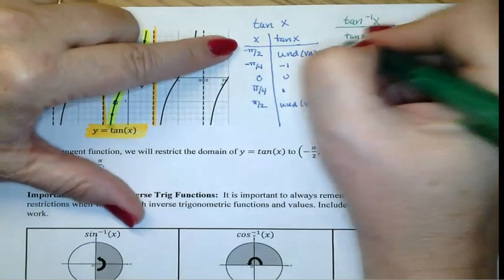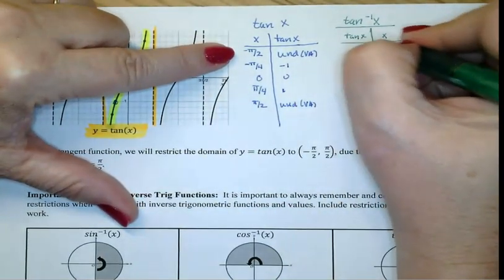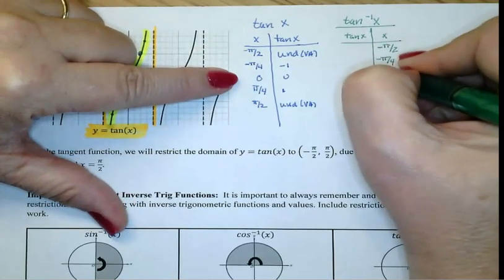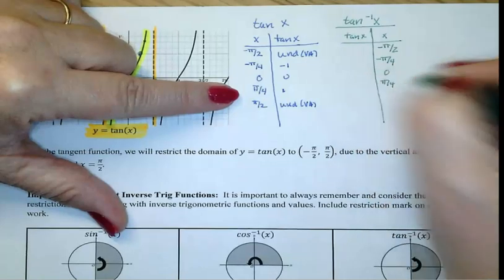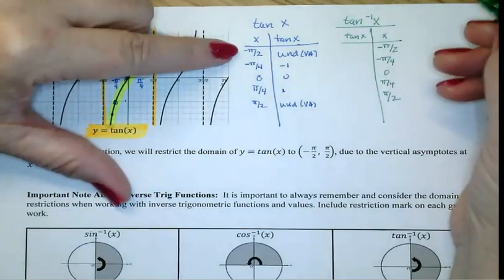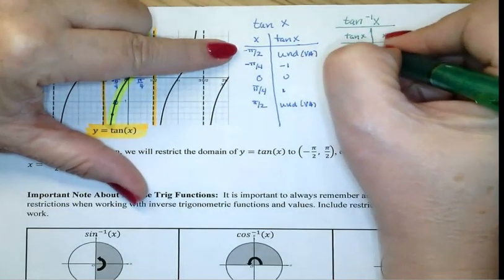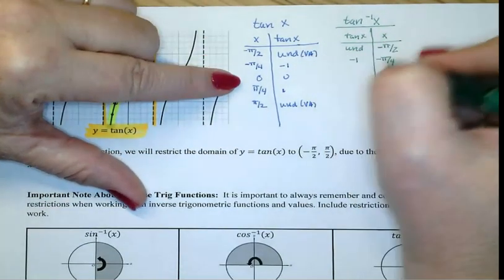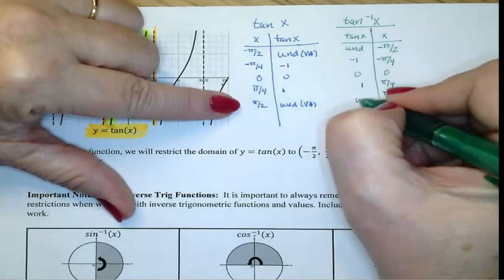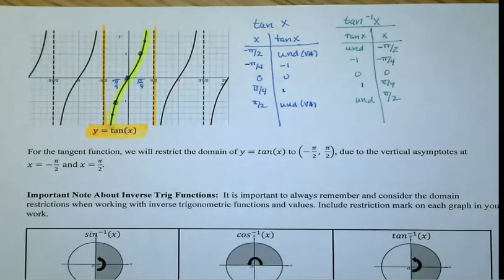So all of the angles are going to go to the back and be our outputs: negative pi over 2, negative pi over 4, 0, pi over 4, and pi over 2. And then our input values, now this is going to be undefined. This one is going to be -1, 0 right here, +1 right here, and undefined again right here.